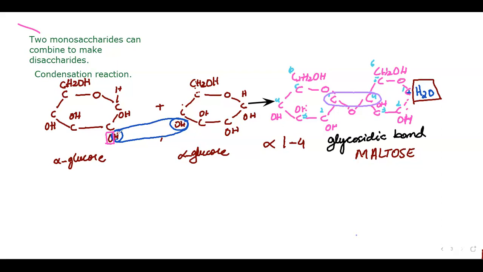Another example. We can have a bond between glucose and fructose. Remember this, glucose and fructose will combine with each other to give us sucrose.